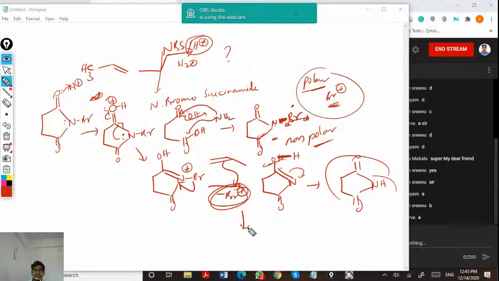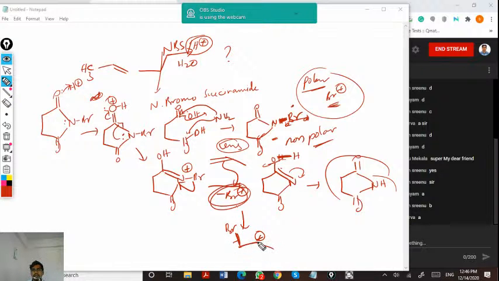So is it going to follow Markovnikov rule? Yes, it is, because it is an unsymmetrical olefin. So it's going to give the more stable carbocation here and bromine will be here.